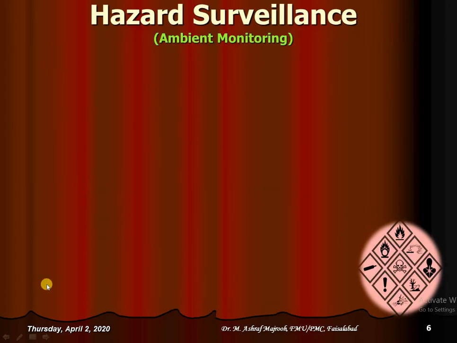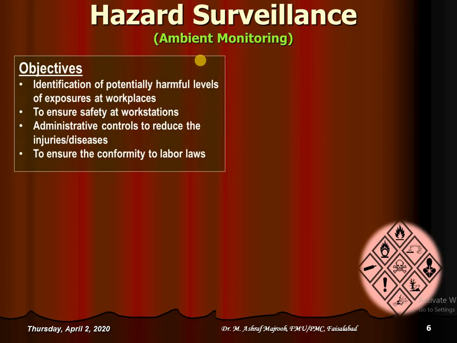Now, what is hazard surveillance? This is also known as ambient monitoring, meaning environmental monitoring. The objectives of this surveillance are the identification of potentially harmful levels of exposure at workplaces to ensure the safety at workstations, administrative control to reduce injuries and diseases, and also to ensure conformity to the labor laws.